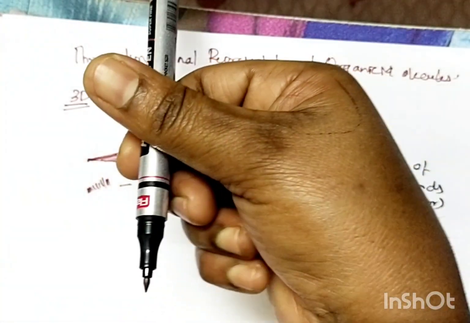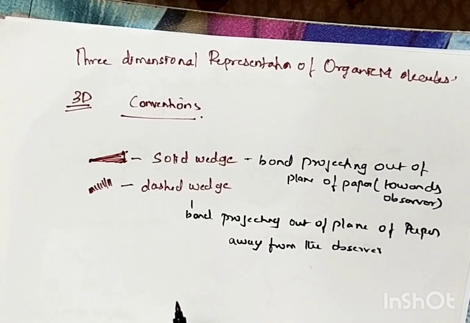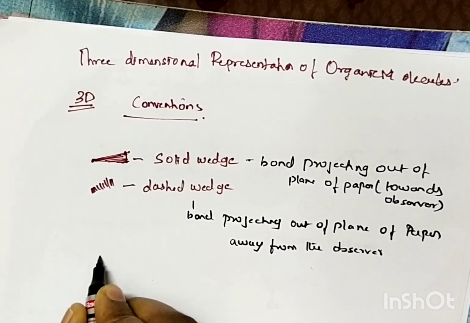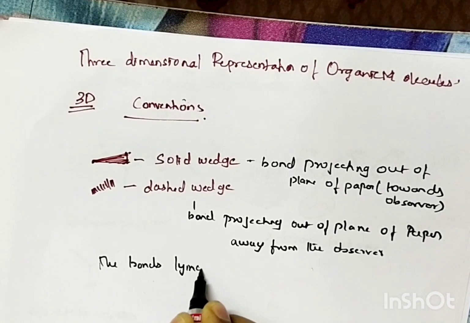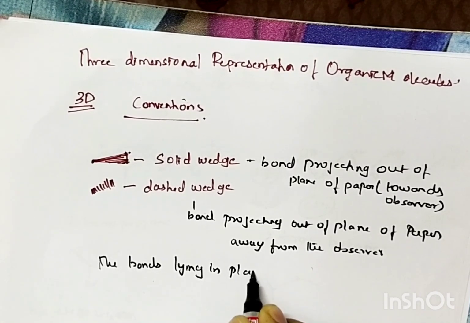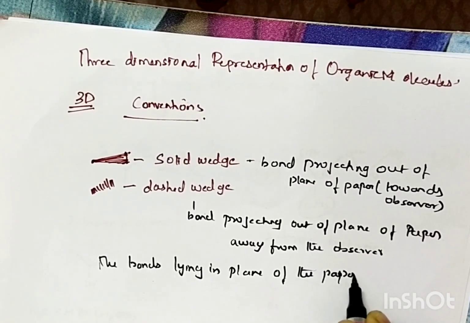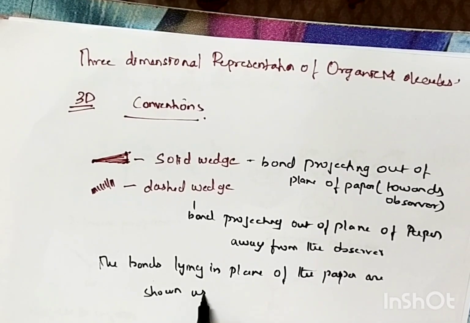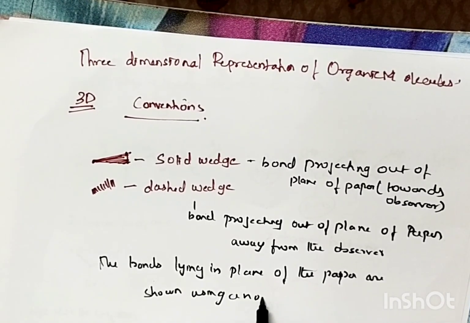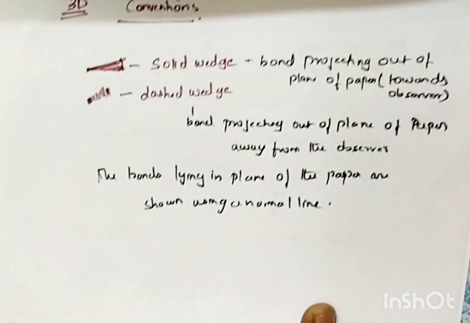That means it is like this, projecting away from the observer. So the bonds lying in the plane of the paper are shown using a normal line. So these are the conventions of writing a 3D structure.